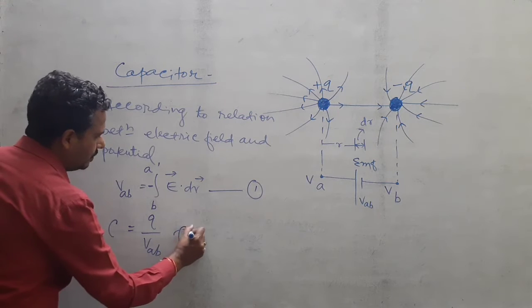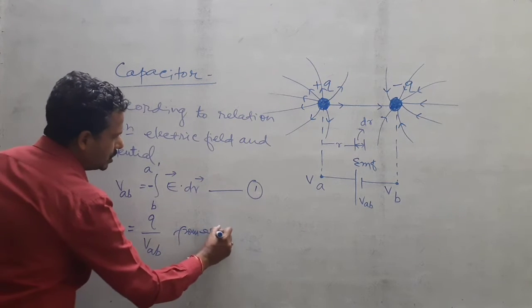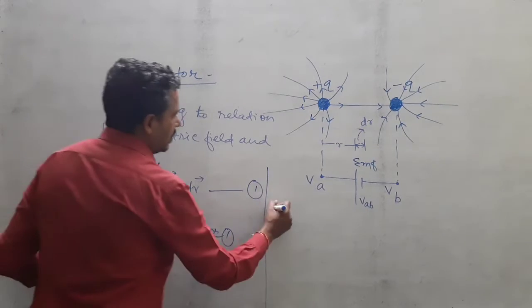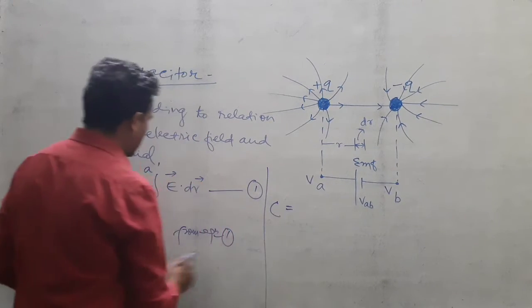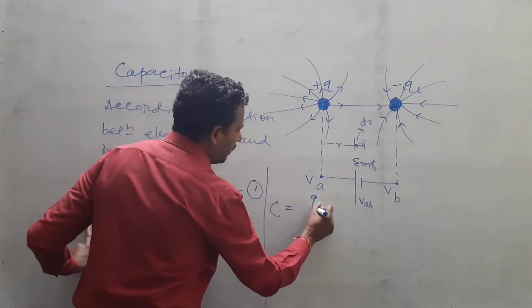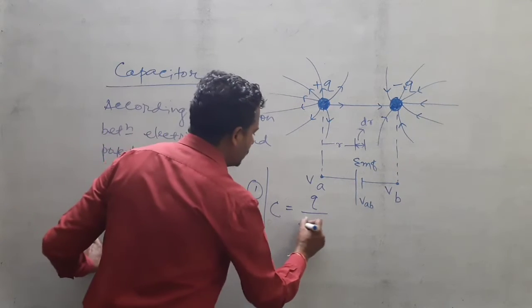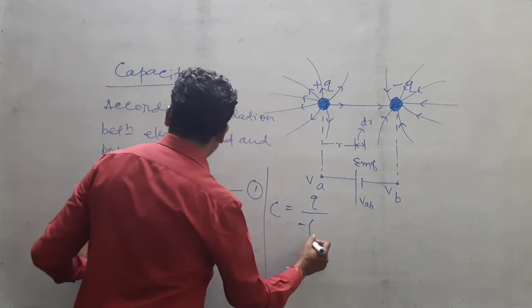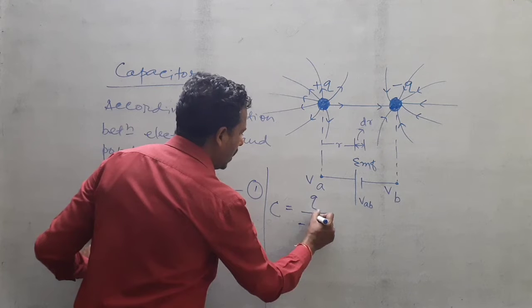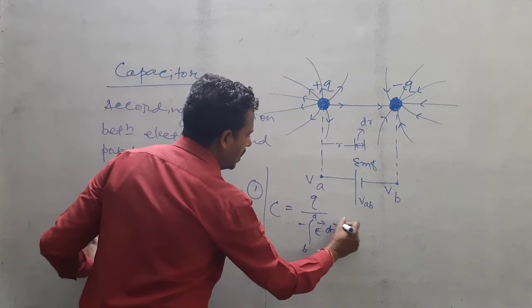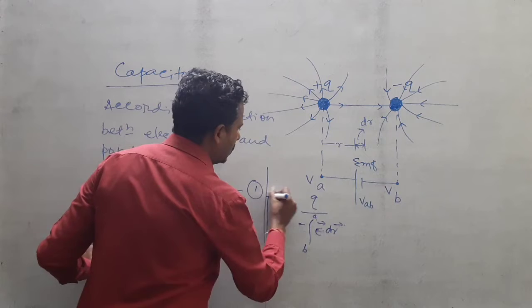Now put the value of VAB from this equation. So this is minus the integration from B to A of E dot dr. So this is your result.